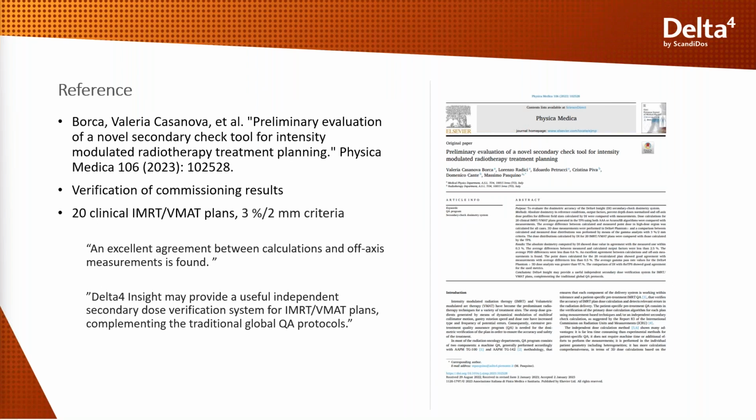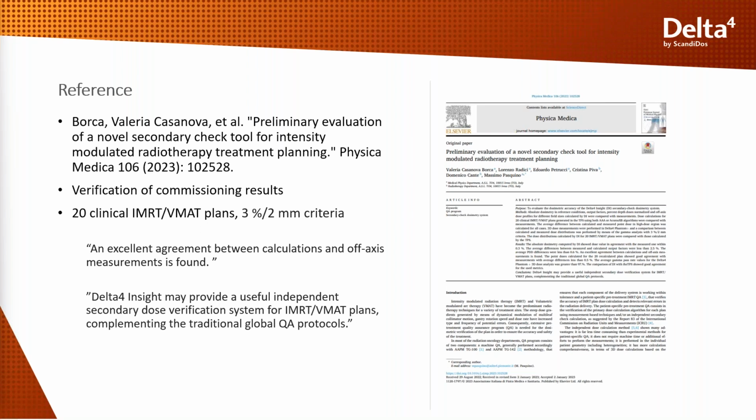The software was released in its first version about a year ago, and now we have found a reference journal article from Borke et al., which have evaluated our software or our algorithm. Preliminary evaluation of a novel secondary check tool for intensity modulated radiotherapy treatment planning.